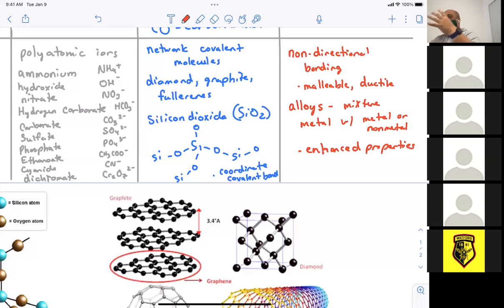Copper and zinc separately have different characteristics than a mixture of copper and zinc that forms brass. Or steel is a combination of iron and carbon, and it has different properties than iron itself. It's less malleable, but it's stronger and more rigid. So there are benefits to making alloys that give them different properties than the individual metals themselves.